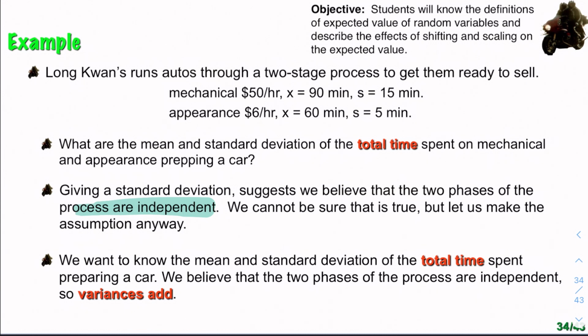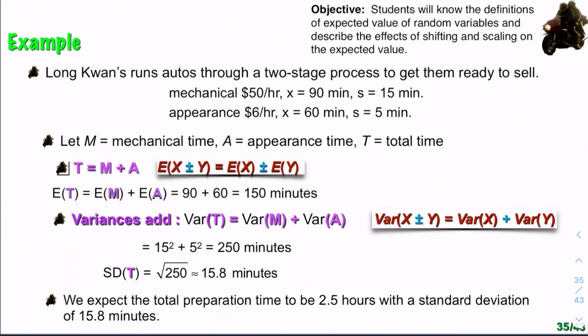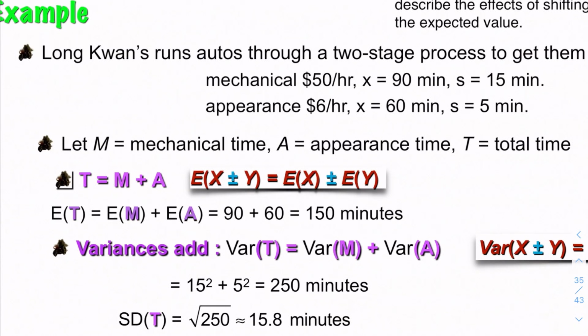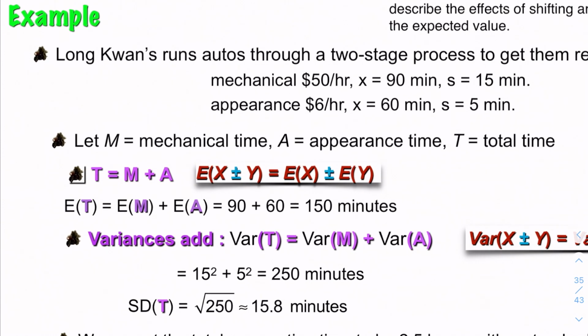Now note, these two values that I highlighted, these standard deviations, are not variance. Variance of our total time is going to be the squares of each of these. Okay, so let M be our mechanical time and A be our appearance time, and let T be our total time.